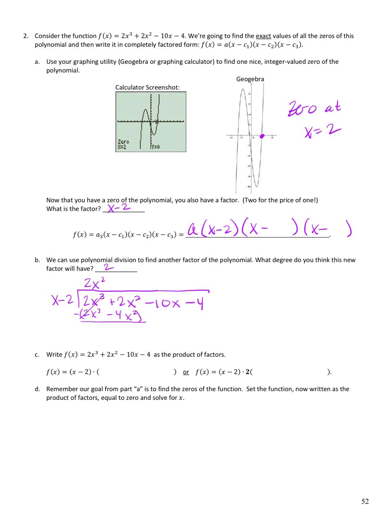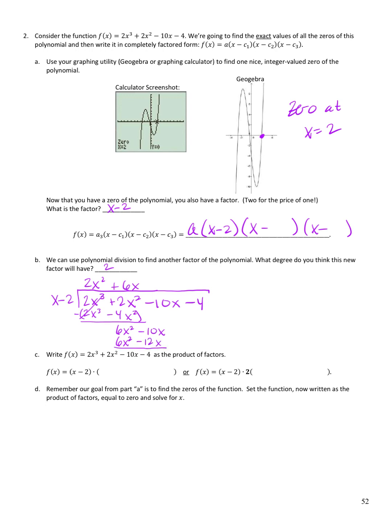Those go away. 2x squared minus negative 4x squared is 6x squared. Bring down the minus 10x. X times what gives you 6x squared? 6x. And multiply 6x times x is 6x squared. 6x times negative 2 is negative 12x.